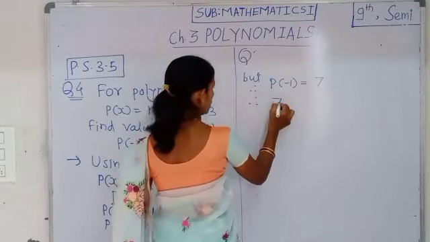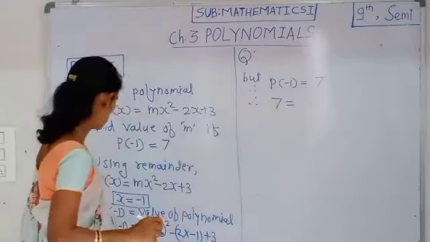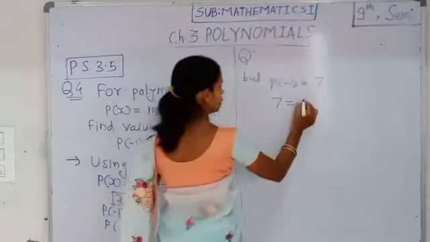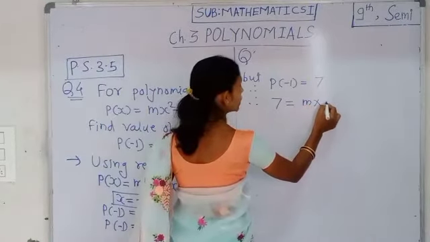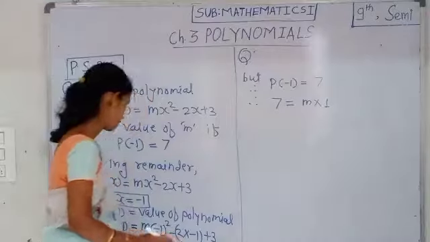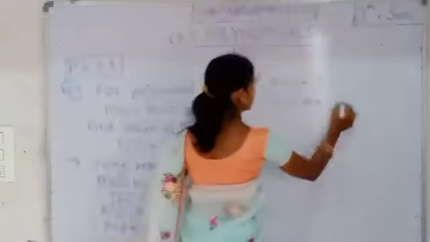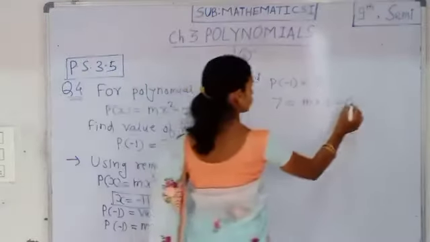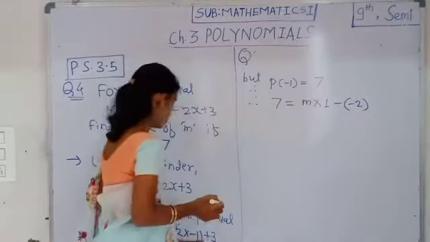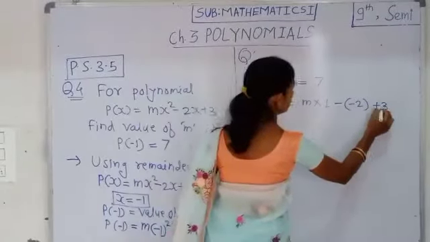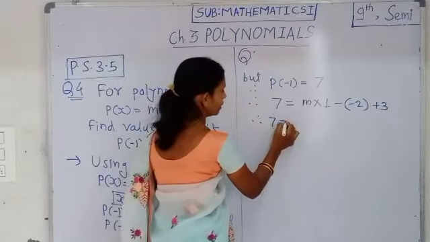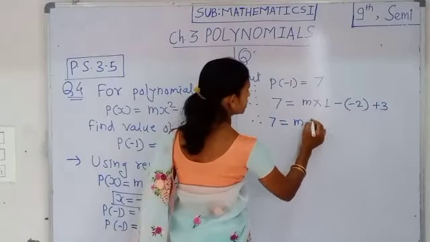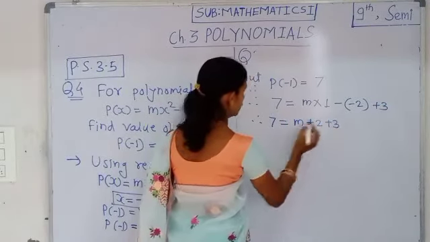Therefore here 7 is equal to m into (-1) square. Therefore m into (-1) square, that is 1, minus in bracket 2 into (-1), therefore minus 2 is there, plus 3, and therefore 7 is equal to m into 1, minus minus plus 2 plus 3.